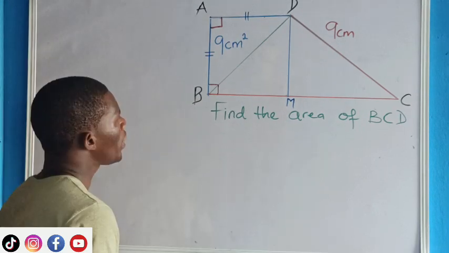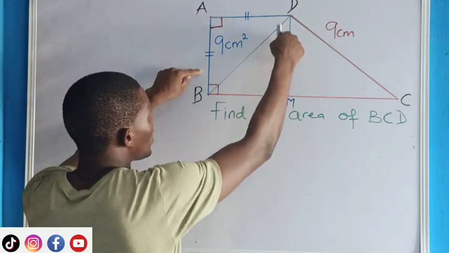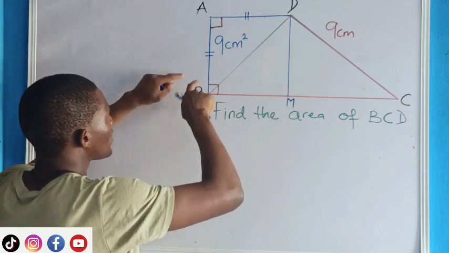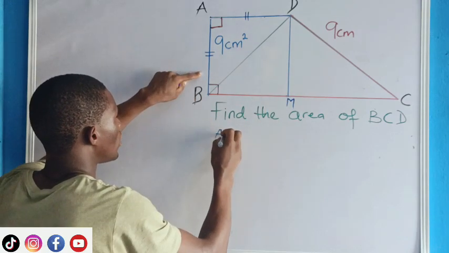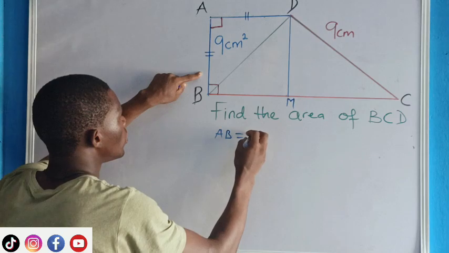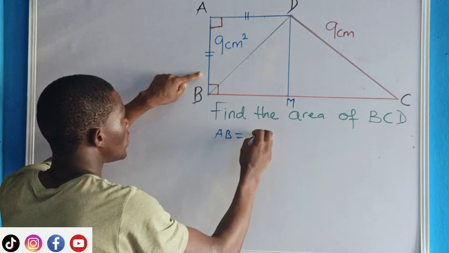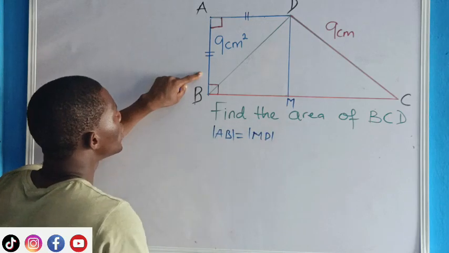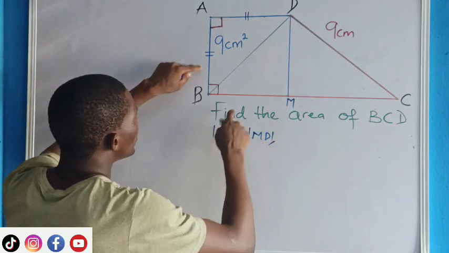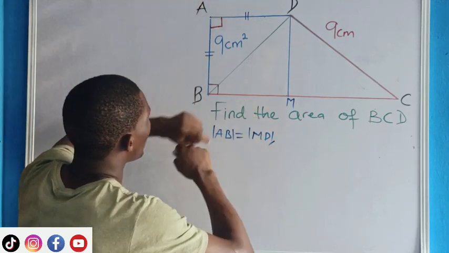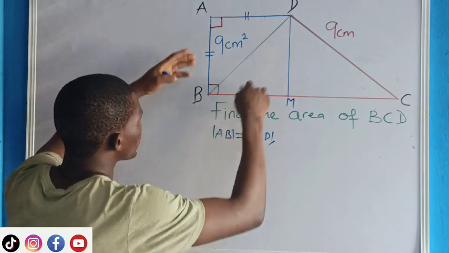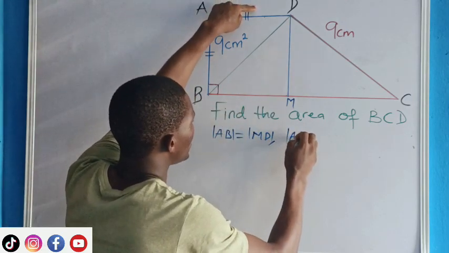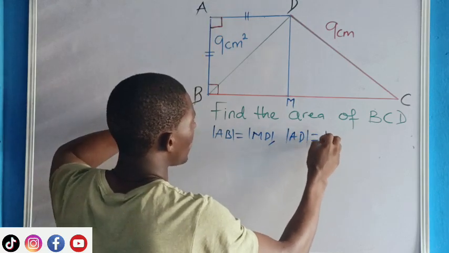Since this is a straight line, this line is parallel to this side, and this implies that AB equals MD. The same thing is applicable here, so AD equals BM, right?